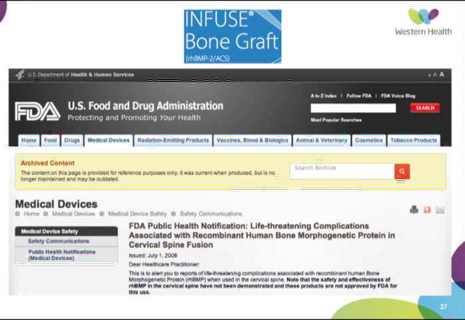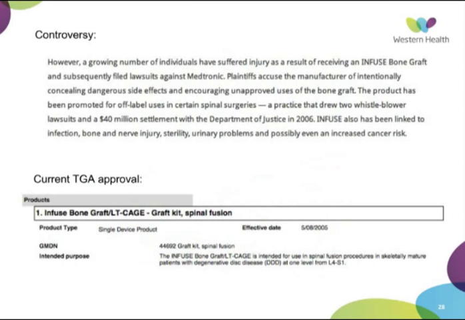It came under controversy back in the mid-2000s after it was found that a lot of the original proponents of Infuse, orthopedic consultants in America, had actually withheld information about the side effects of Infuse's use, and this is an FDA warning from the US government, warning people against these potential complications, in particular with cervical spine. It's used in cervical spine surgery and fusions, where they noticed there were a number of respiratory complications from the use of Infuse.